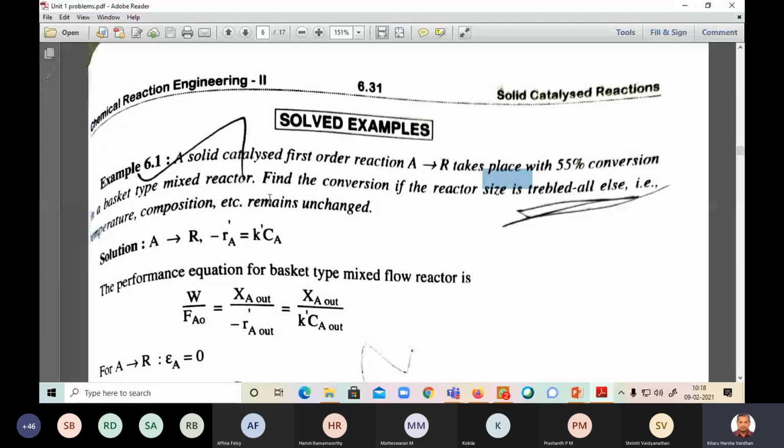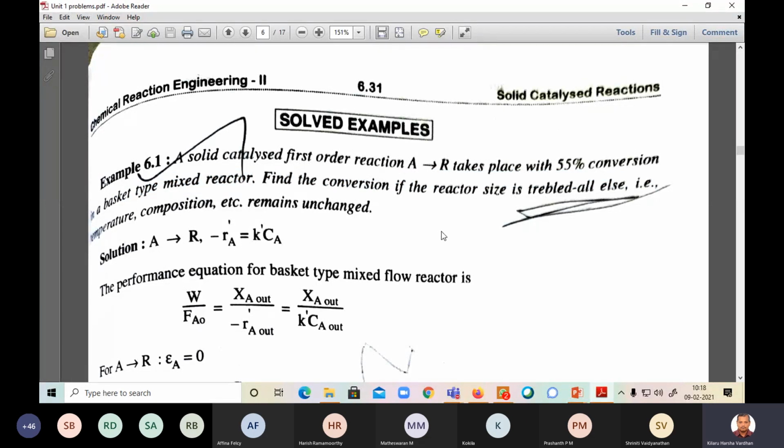Even the flow rate remains unchanged. Therefore, the more amount of time A is spending inside the reactor, generally more should be the conversion. That is your rough indication, right? So based on that, now the size is tripled, rest of the thing is same. So how to do this by using the mixed type of reactors?